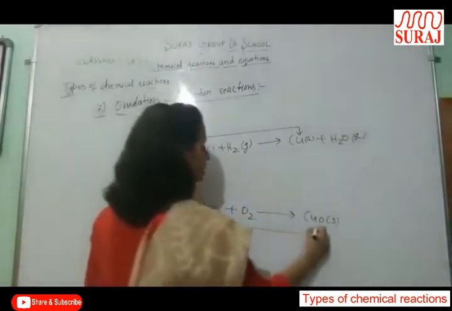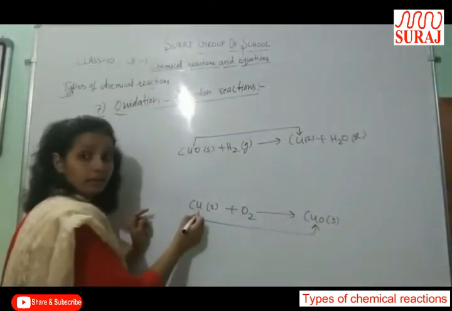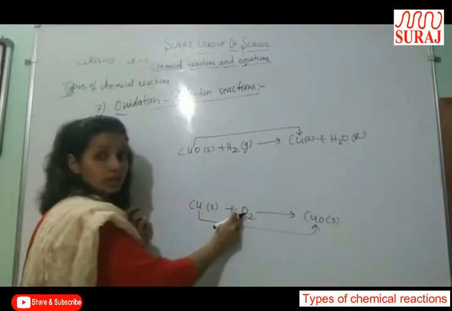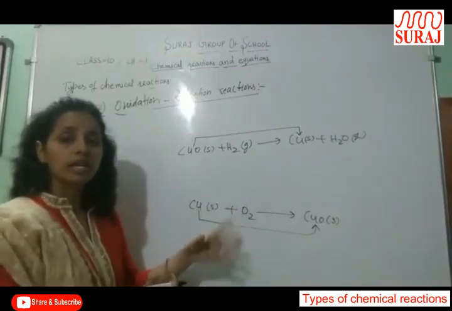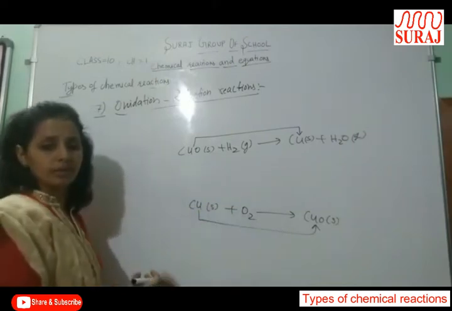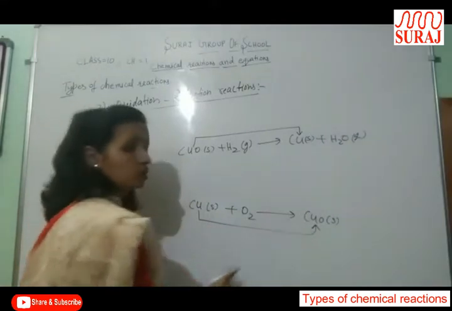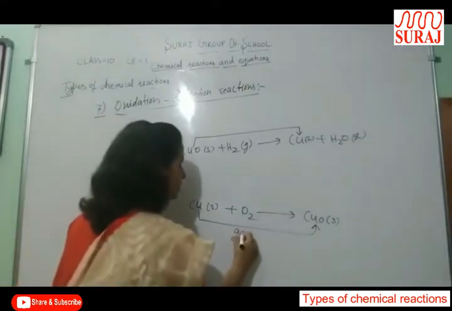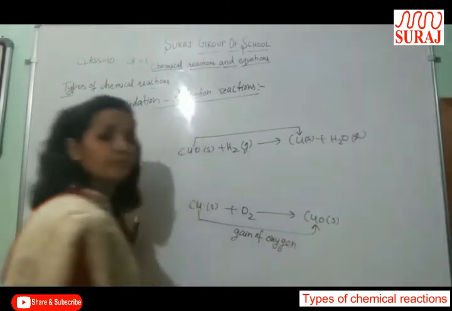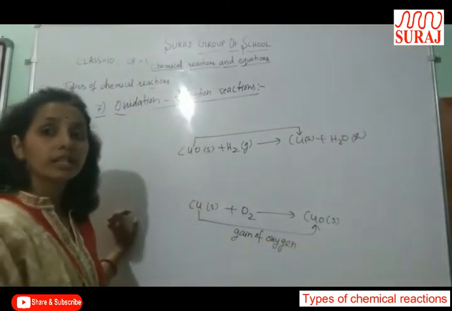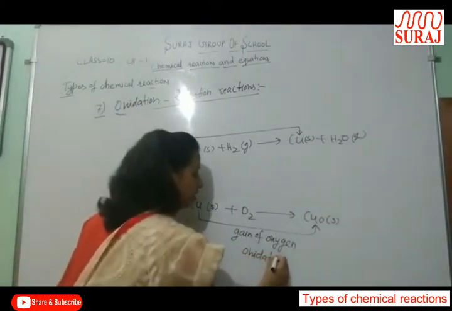Copper, an element, combines with oxygen. So we can say that this is gain of oxygen. Gain of oxygen is known as oxidation.